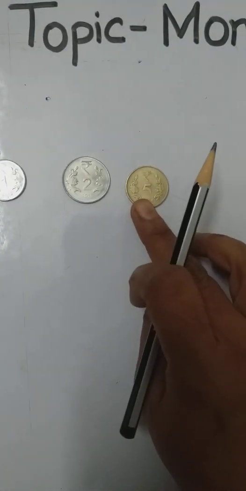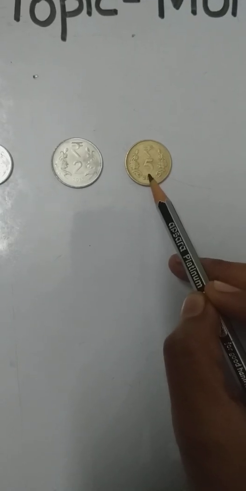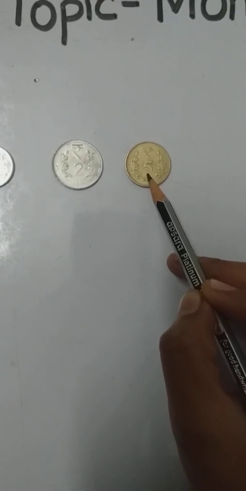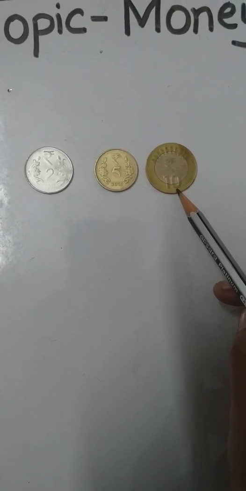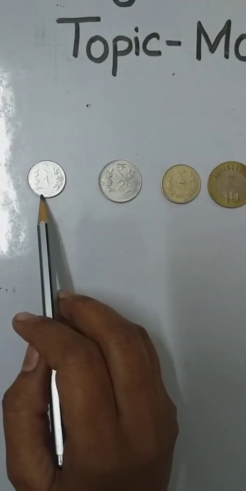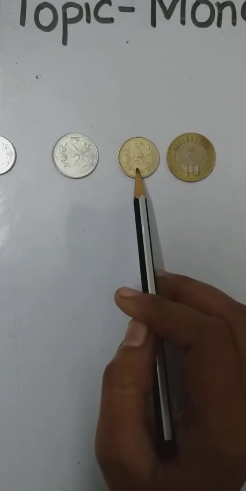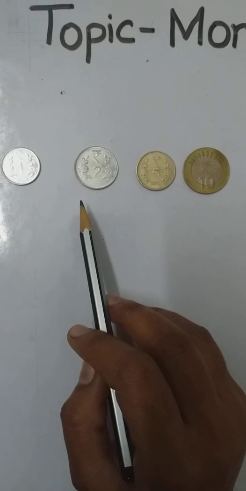Now next is 5. It is 5 rupee coin. And this is 10 rupee coin. So children, in Indian coins we have 1, 2, 5 and 10 rupee coin.